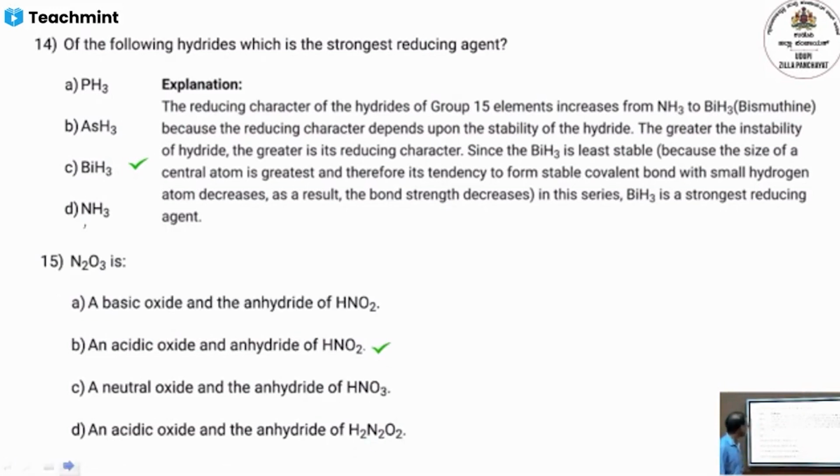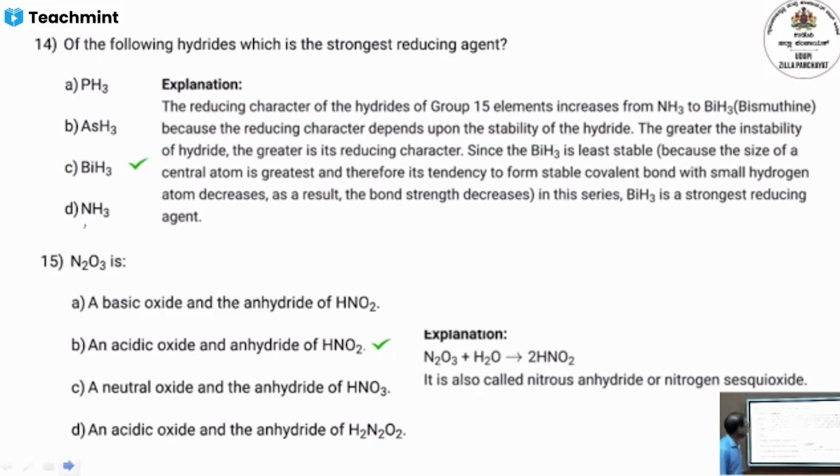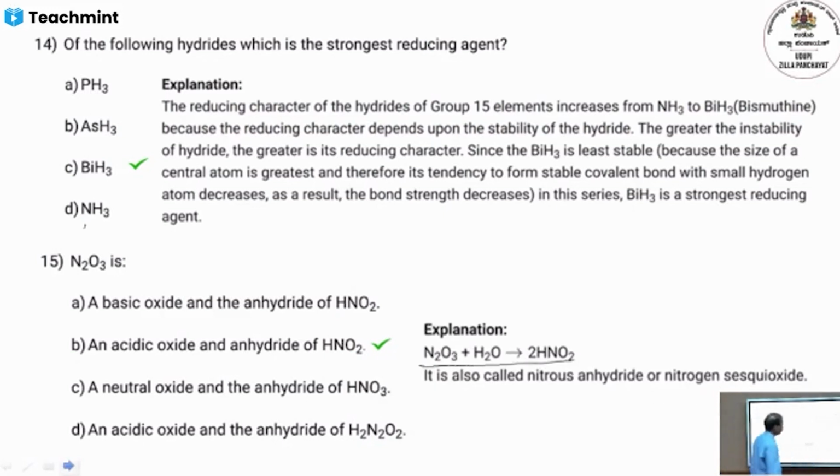The reaction is N2O3 plus H2O gives 2 molecules of nitrous acid, HNO2, and therefore nitrous acid. Here we are looking into whether it's a basic oxide or an acidic oxide. HNO2 being an acid, which is produced by the oxide N2O3.